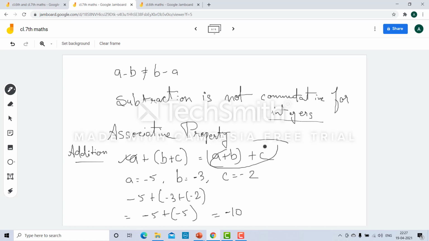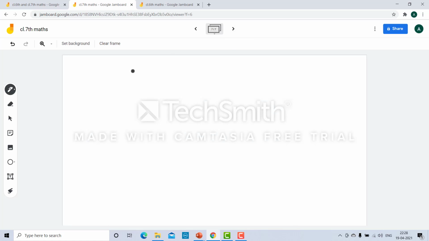Similarly, children, for our RHS, let us consider (minus 5 plus minus 3) plus minus 2. So minus 5 minus 3 is minus 8, plus minus 2, so it is minus 10. So children, LHS gives minus 10 and RHS also gives minus 10. So we get LHS equal to RHS.